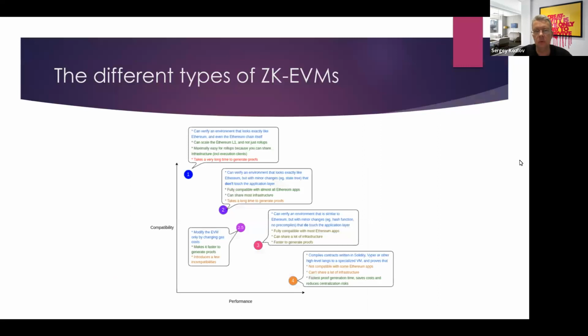So what can we do with the ZK rollups on our EVMs? On the two axes we have compatibility, that's the vertical one, and the performance of the rollup, that's the horizontal one. By performance, I mean the simplicity of calculating the proof.